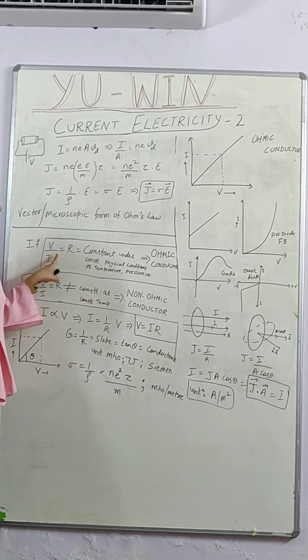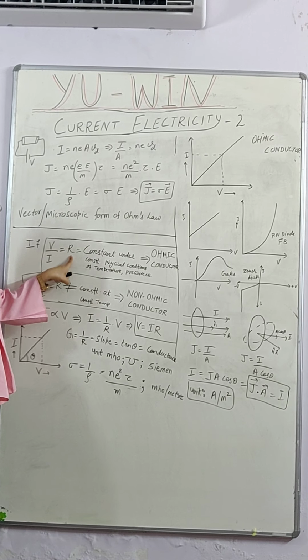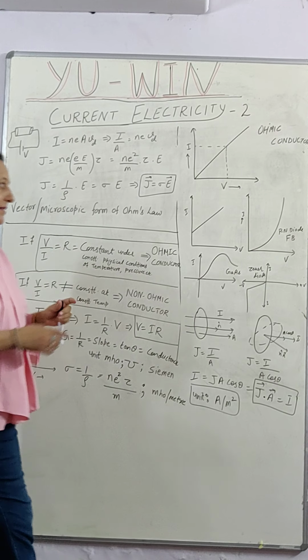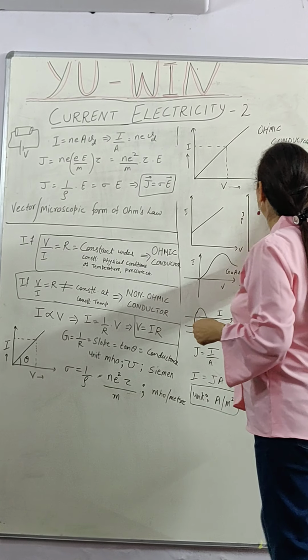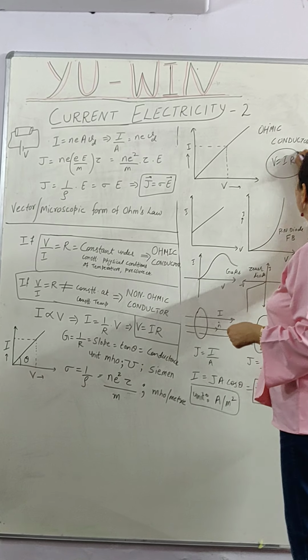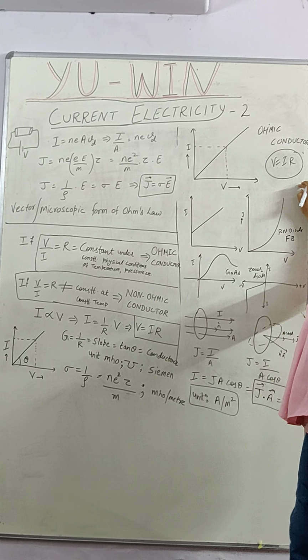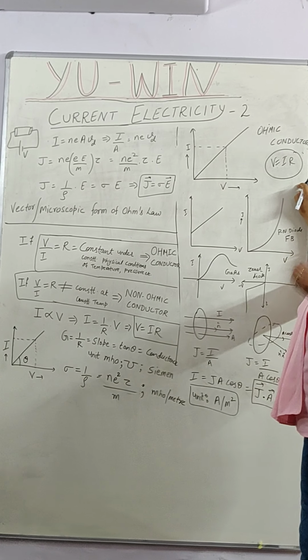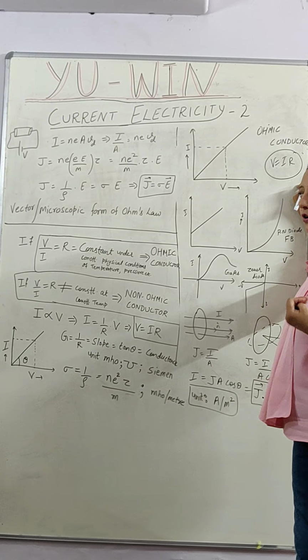So we say V upon I is equal to R. Then the second misconception that all the students have is that V is equal to IR is Ohm's law. V is equal to IR is an incomplete form of Ohm's law, because V is equal to IR is valid for any conductor, be it ohmic or non-ohmic.